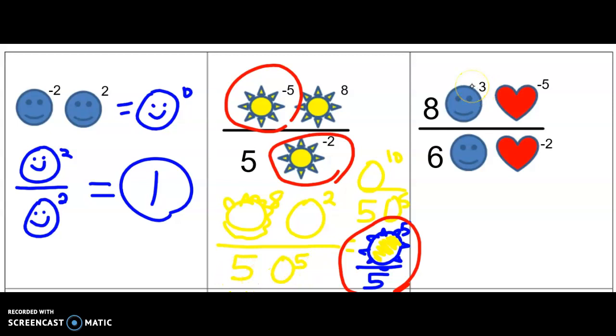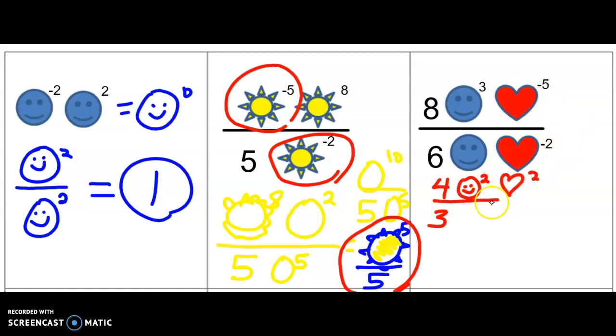In the next problem, we have negative exponents and we have coefficients. We're going to clean up the coefficients. So 8 over 6 is 4/3. There are more smiley faces on top. There are actually 2 more smiley faces on top. And then both of these hearts have to switch positions because they both have negative exponents.